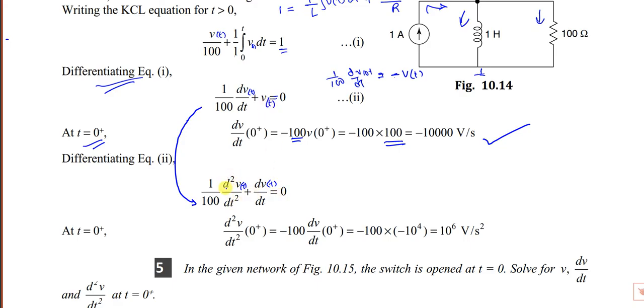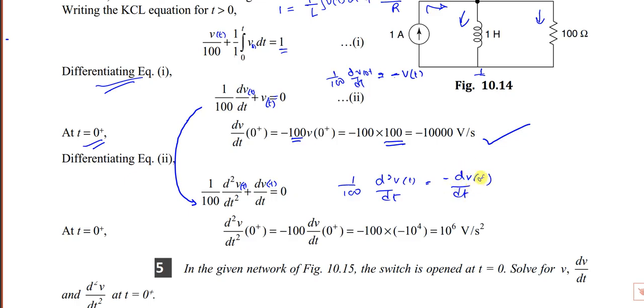So we have to find d square v by dt square: 1 by 100 d square v by dt square is equal to minus dv by dt at 0 plus.